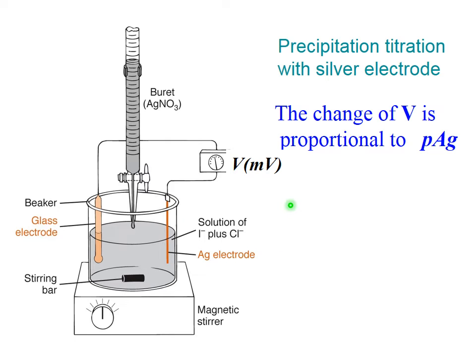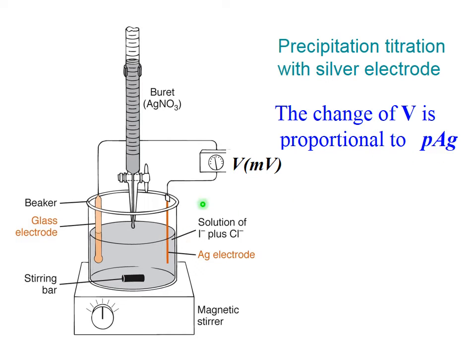So why are we concerned about pAg? It appears that the change of voltage, if we put one reference electrode and one silver electrode here, is proportional to pAg.